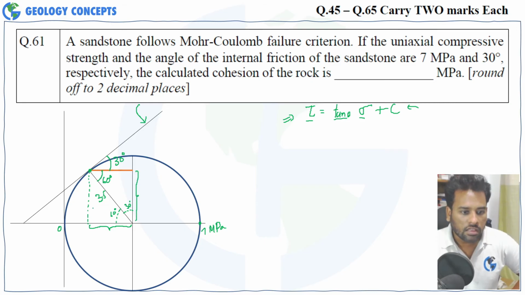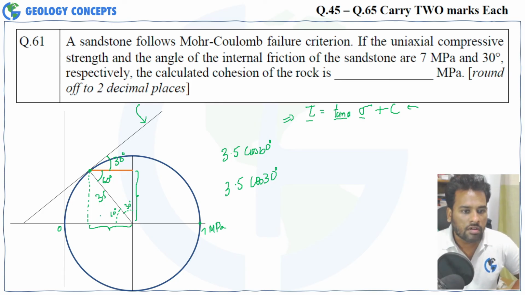If I calculate 3.5 cos 60, I'll get this length. And if I calculate 3.5 cos 30, I'll get this length. So 3.5 cos 30 will be my tau. I think this makes sense.